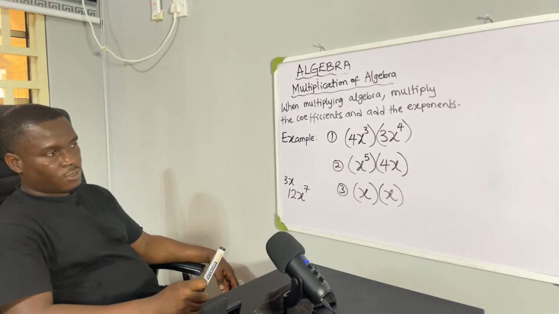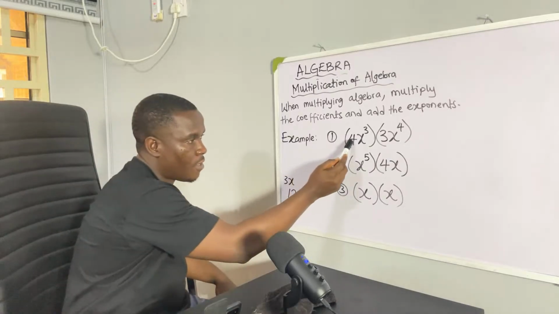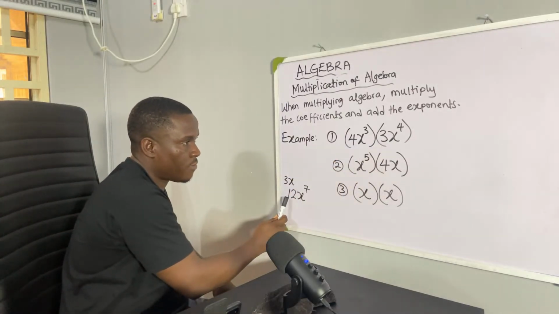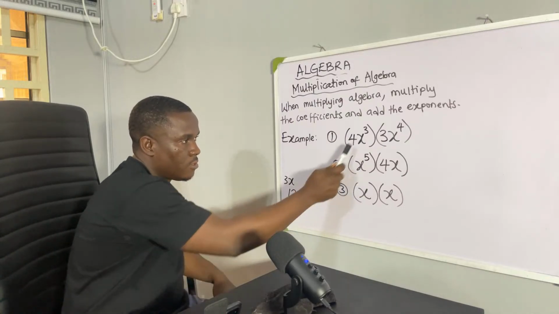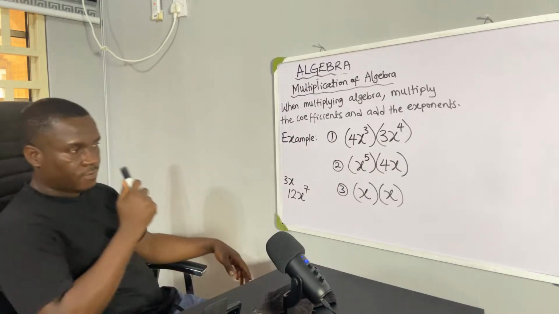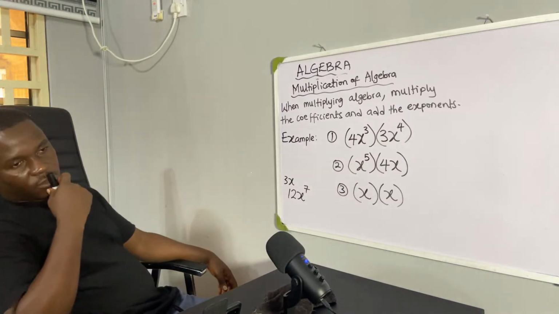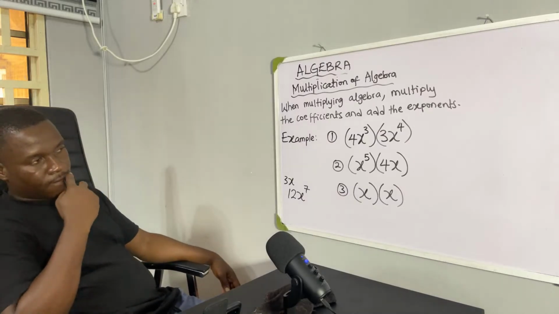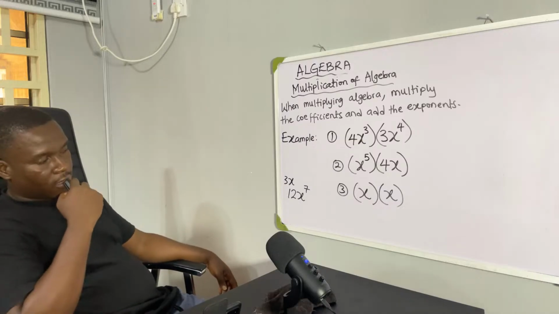No, it doesn't go away. 4x, 3x, so it becomes 12x. Then you just add the exponents. So the first answer I have is 12x raised to the power 7.